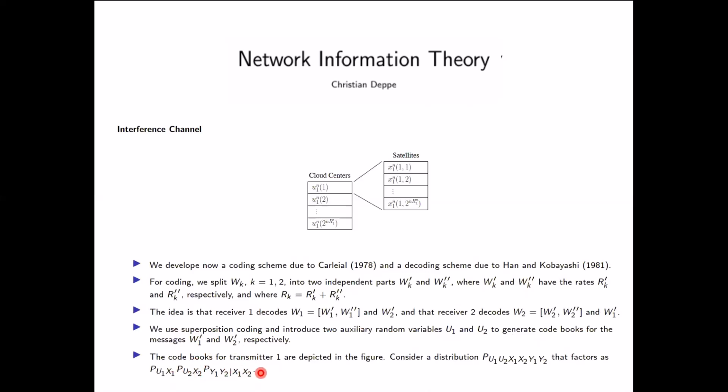And the codebook for transmitter 1, you see here in this picture, this superposition coding. And as I told you before, we consider a joint distribution of U1, U2, X1, X2, Y1, and Y2 that factors in this way: P(U1, X1), P(U2, X2), and then the channel which goes from X1, X2 to Y1, Y2.